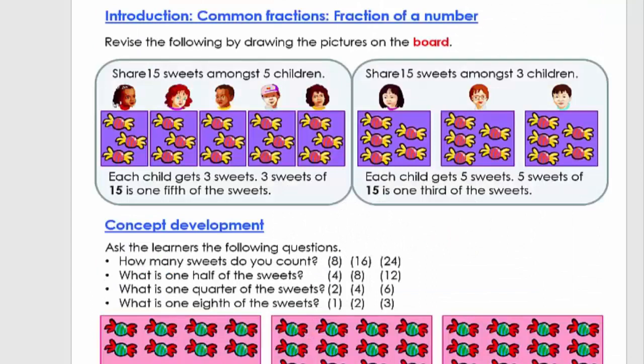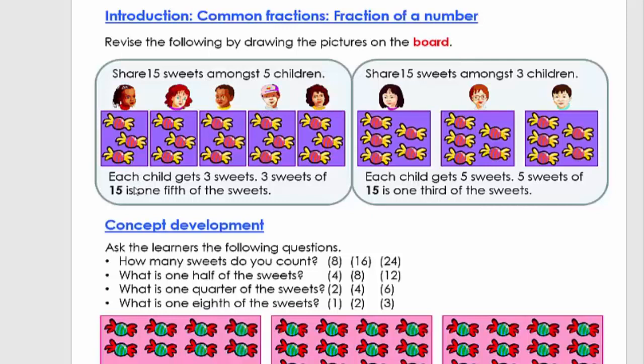Okay, so we're going to start with the lesson of today. We're first going to revise what we did previously. We say, share 15 sweets amongst 5 children. We give them that sentence and the drawing, and then they need to take the sentence and change it into a sentence where we use a fraction.